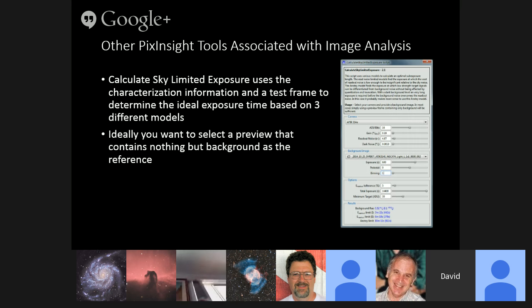In addition, there's this calculated sky limited exposure. This is great if you take a sample image of what you're trying to target on and actually measure some of the background. It can give you an idea of how long of an exposure you need to go to not be read noise limited. So you'll put in some information that you got from the CCD parameter tool, put it in here, and give it your background image.